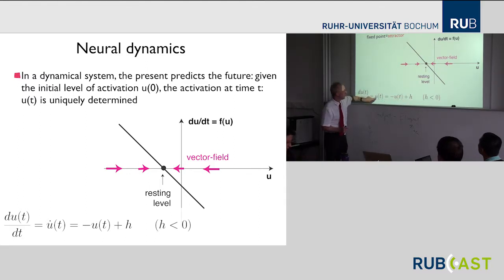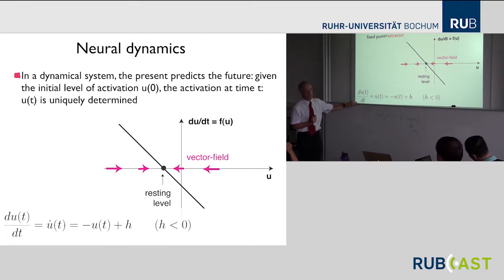So this side is 0. And the solution is constant, meaning it will actually stay 0. And so both sides of the equation are the same, 0 equals 0, and so it's a solution. It's a constant solution of the differential equation. So fixed points are stationary states.